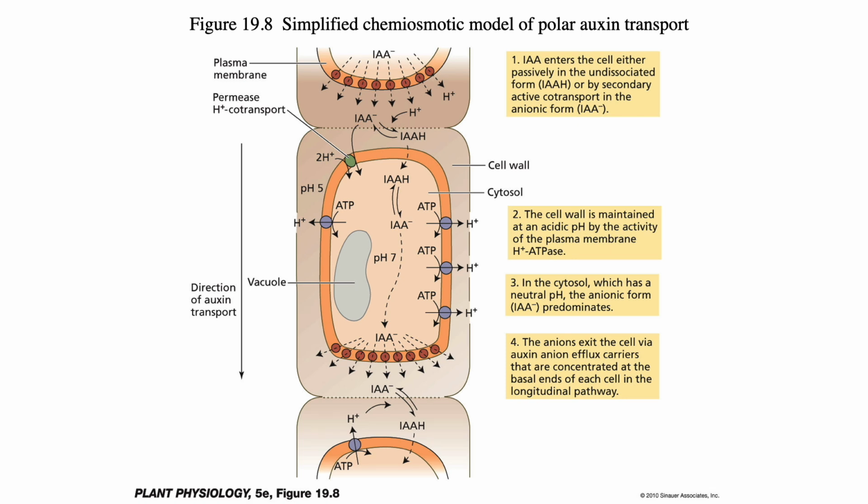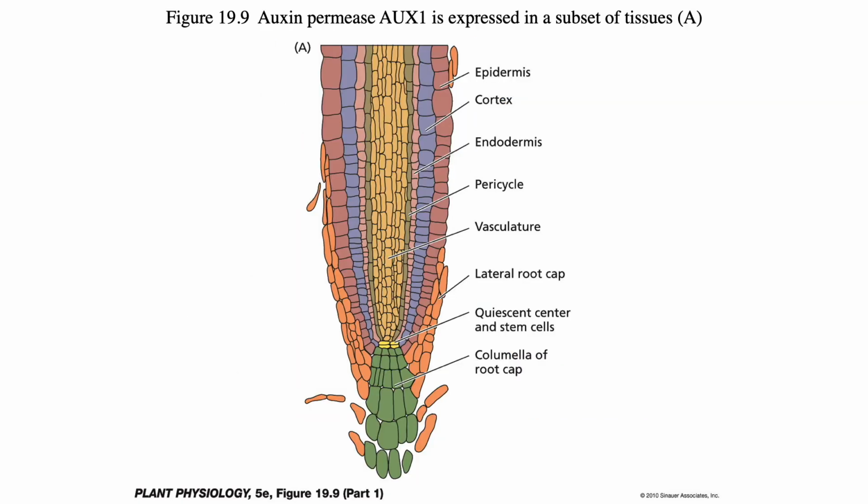In the cytosol, which has a neutral pH, the anionic form predominates. The anions exit the cell via auxin anion efflux carriers that are concentrated at the basal ends of each cell in the longitudinal pathway.